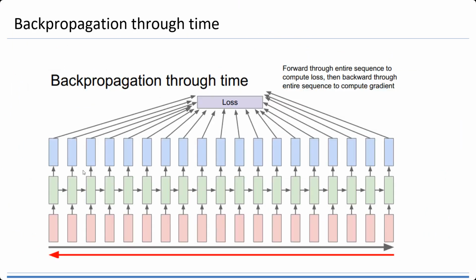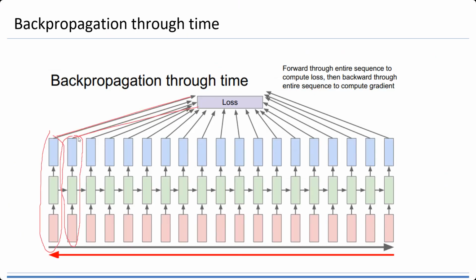We also learned about backpropagation through time. It means whenever we have one calculation, or one layer, we can directly calculate the loss.